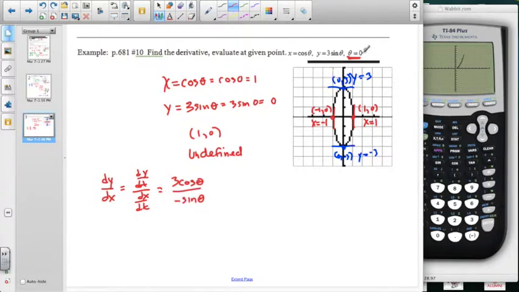So when we plug in the value of 0 here, we're going to get 3 cosine 0 radians or degrees, that doesn't matter because 0 is 0, over minus sine of 0. And so looking at this, we've got 3 over 0. And so that is also an indicator there that we have an undefined slope.